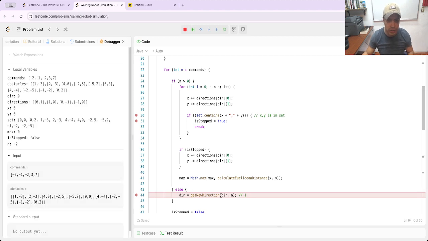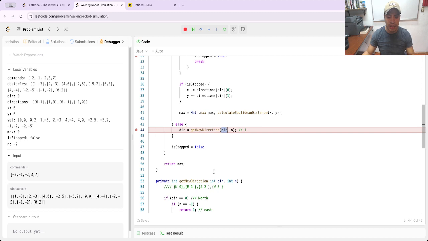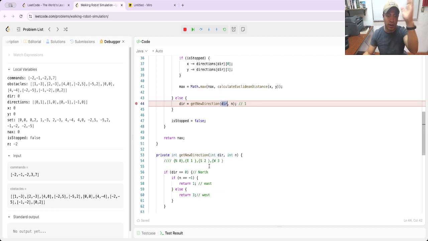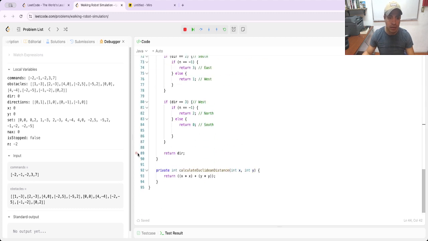Yeah, and it receives the direction that currently is 0, north, and the new direction is less 2, which means turn left, which means that if we are looking to the north, to the left is basically west. This should return west. Let me check. And west is 3. Oh.